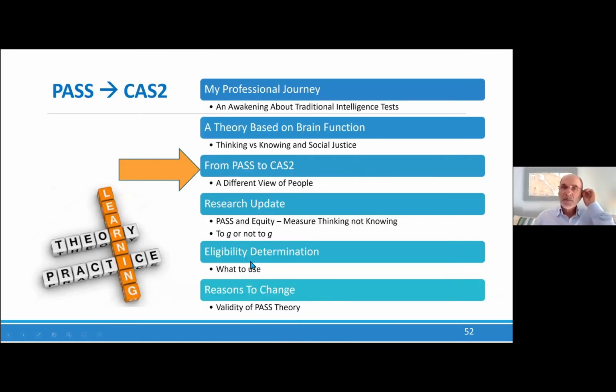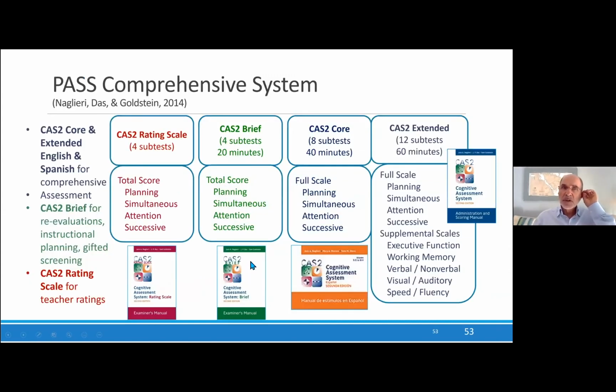All right, let's take a couple more steps. I'm not going to spend a lot of time on the tests themselves, just basically to say that with a second edition, I expanded the test out to include different versions. So we have the traditional 8 subtest or 12 subtest versions of the CAS, but we added the Spanish CAS.